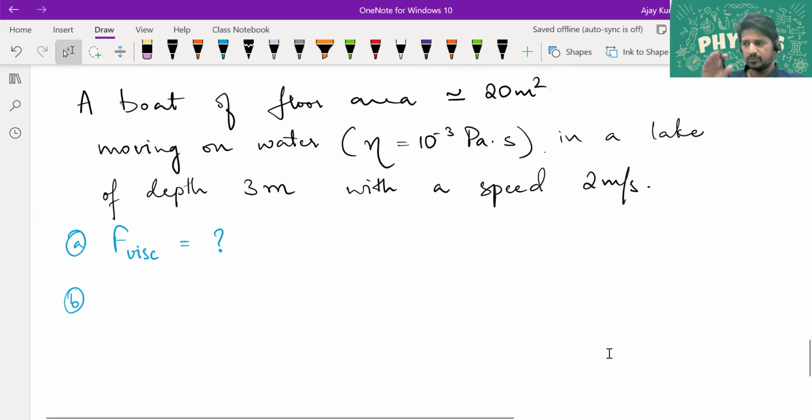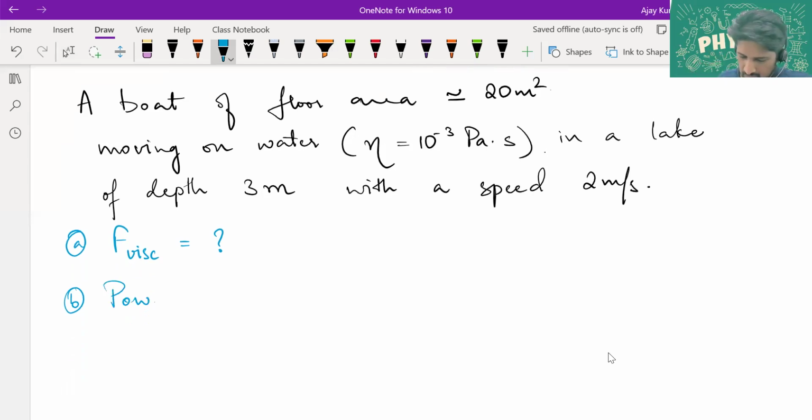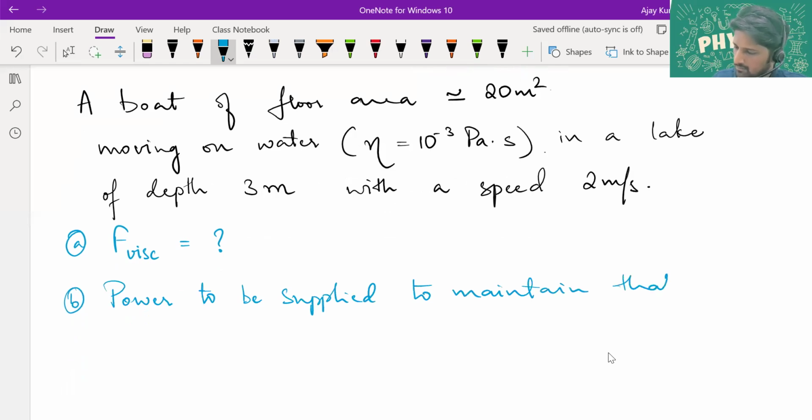If you know the speed with which something is moving and the force acting on it, you can tell the power. So derive the power to be supplied to the boat to maintain that speed. Solve this, both of you. I'll give you 2 minutes.